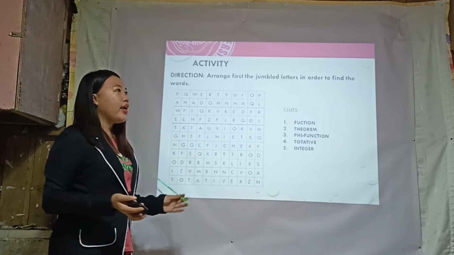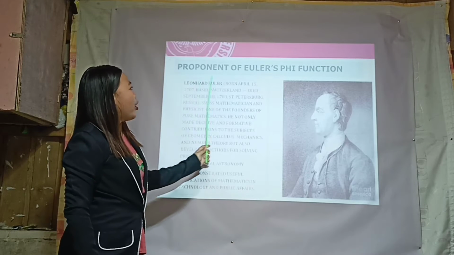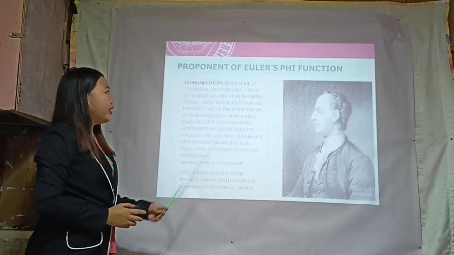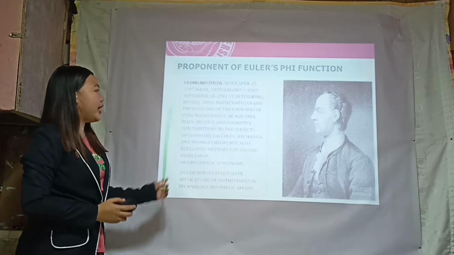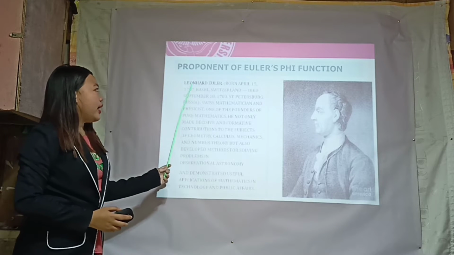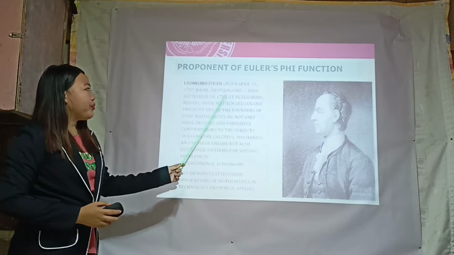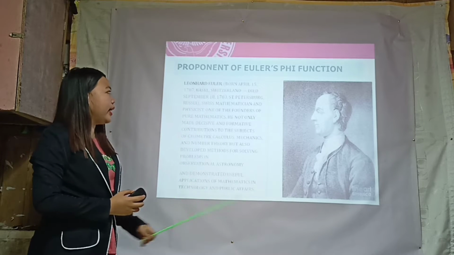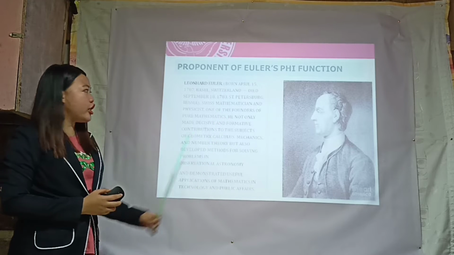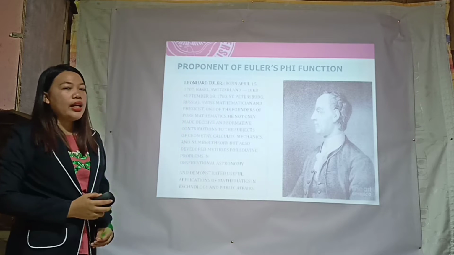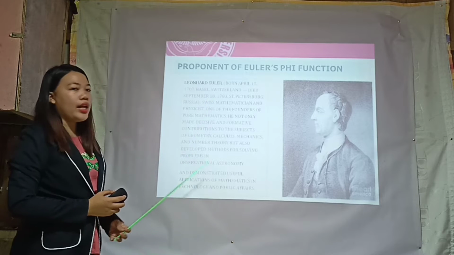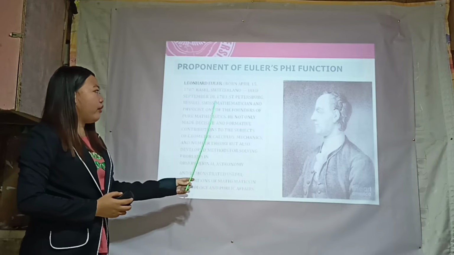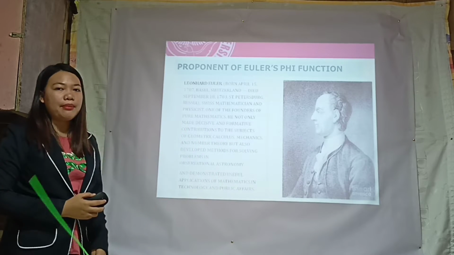Okay, lend your ears. So, the proponent of Euler's phi function. Leonhard Euler was born on April 15, 1707 in Basel, Switzerland. He died on September 18, 1783 in St. Petersburg, Russia. He is a Swiss mathematician and physicist, and he is one of the founders of pure mathematics.